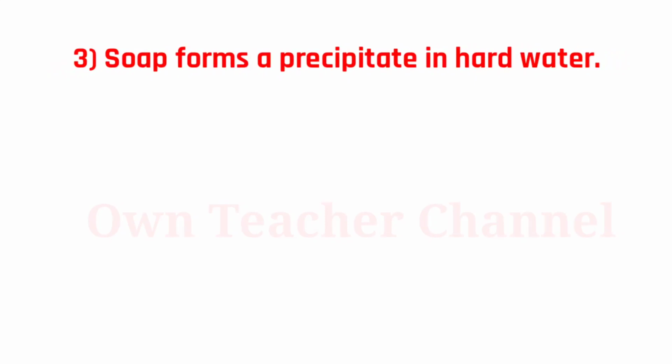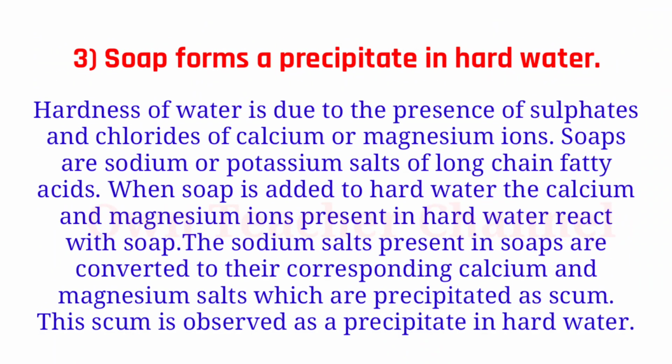3. Soap forms a precipitate in hard water. Hardness of water is due to the presence of sulfates and chlorides of calcium or magnesium ions. Soaps are sodium or potassium salts of long chain fatty acids.